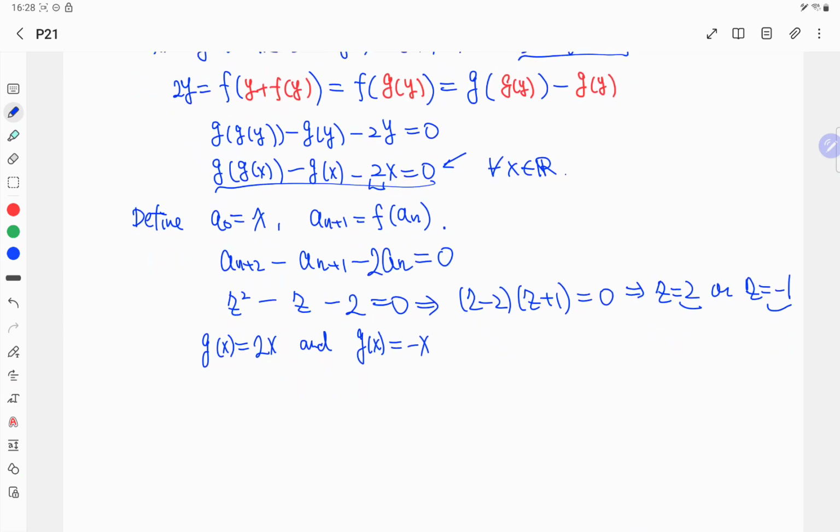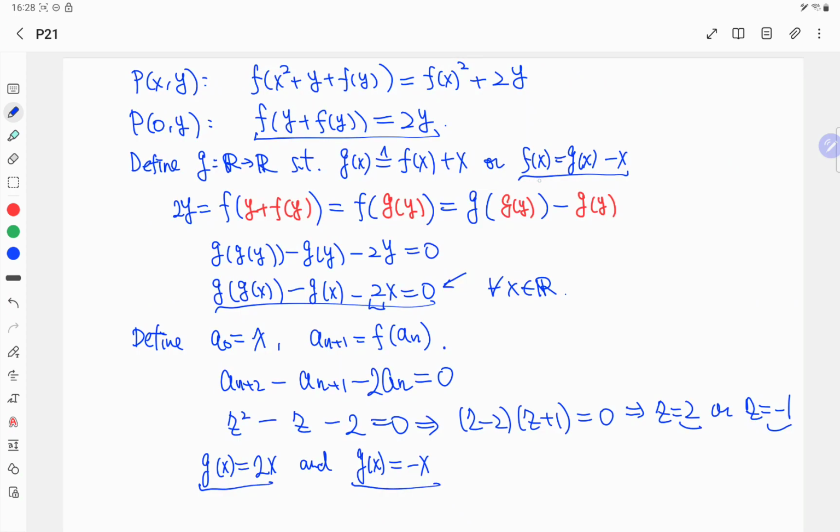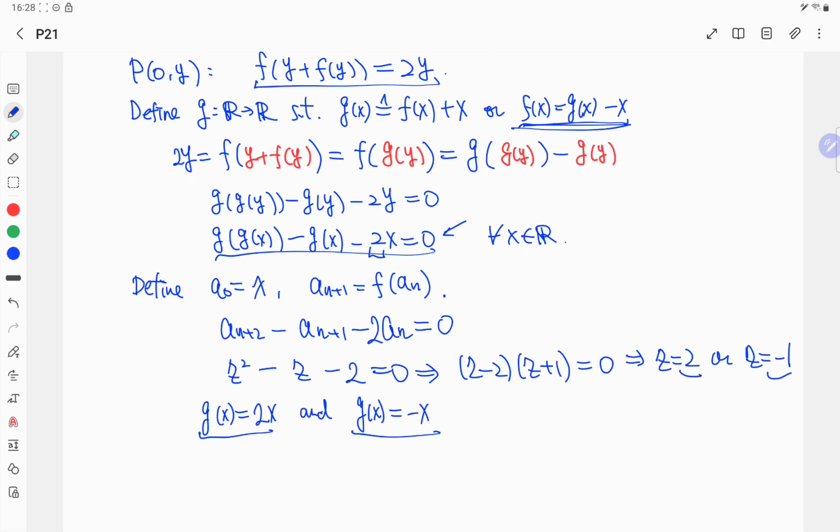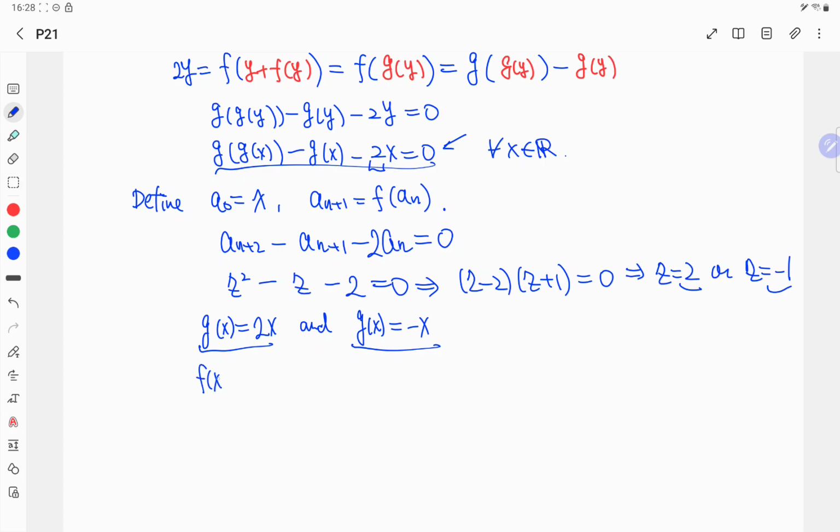But actually for this expression and then making use of this definition, we will have f of x equals g of x minus x, so which means that f of x equals x and f of x equals negative 2x.